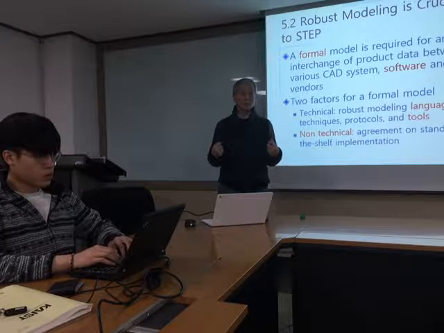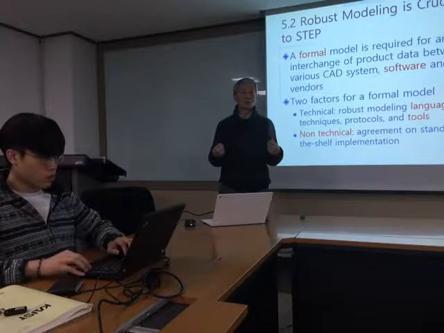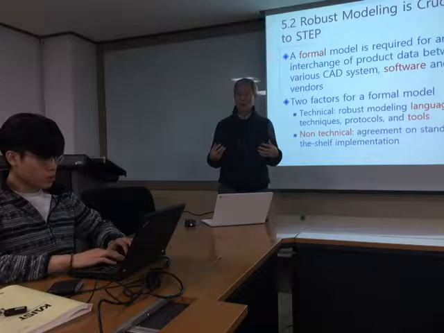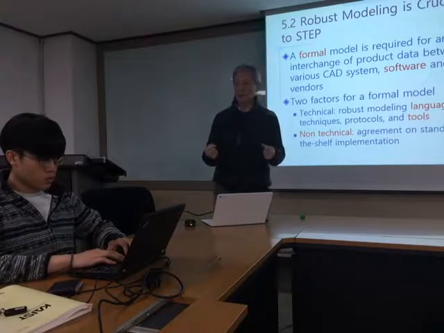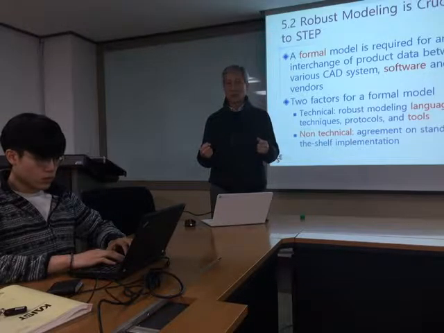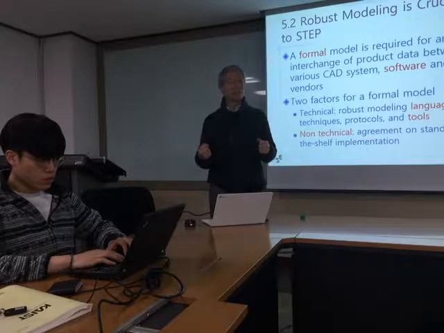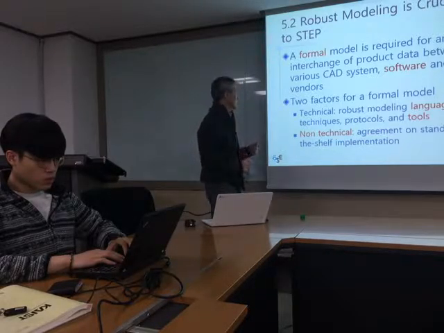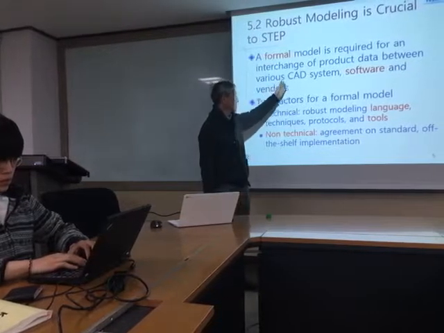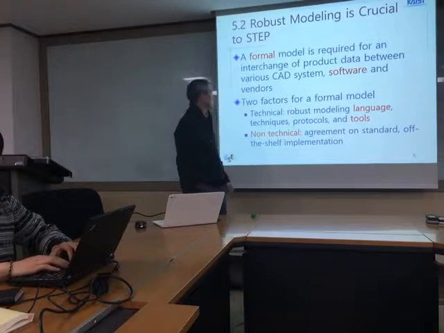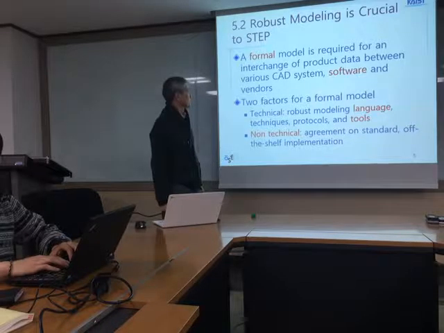But programming language is, we say, more formal, so that the computer can process it, the computer can understand the programming language. So EXPRESS language or STEP information modeling is similar. That is formal and can be processed by CAD systems, software, and software vendors.